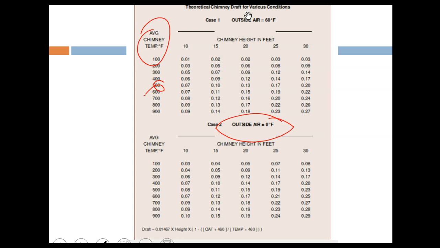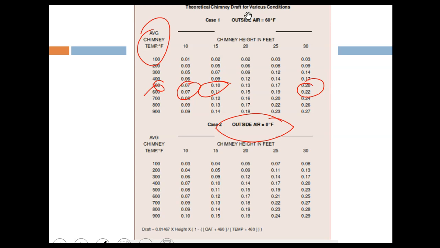Your chimney height is 15. So the longer the chimney, the higher the draft, because we said it's gonna pull more, and the speed of air will accelerate. So a shorter chimney will give you less draft, and you have more draft in a longer chimney.